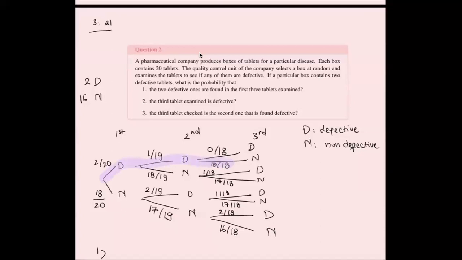This would be the first one. This would be the second one. Because we have one defective here and one defective here. And this would be the third one.